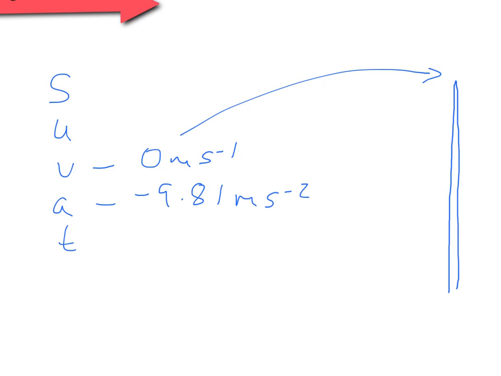What we have to be careful of is that the value for t is for the point where it's just gone to the top. The actual time of flight is for it to go to the top and come back down. So if we solve this problem, we need to double t to get the complete amount of time that it's in the air.